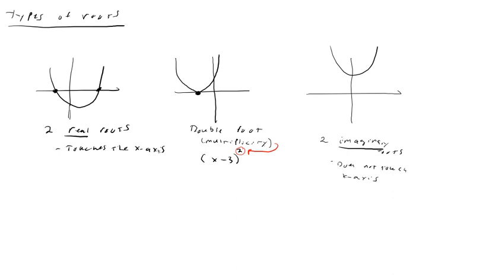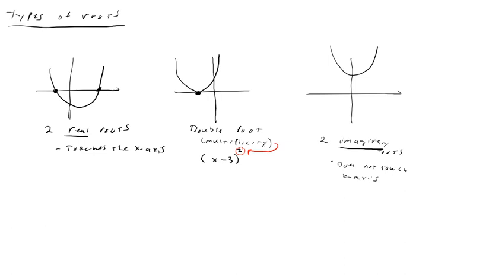So all the polynomials will have some combination of these three types of roots. They'll have some real, some imaginary, some different types of roots. But together, the sum total of all the different types of roots they have has to equal the degree.